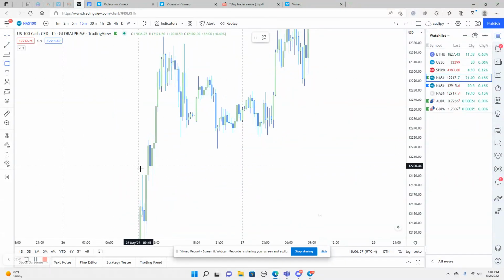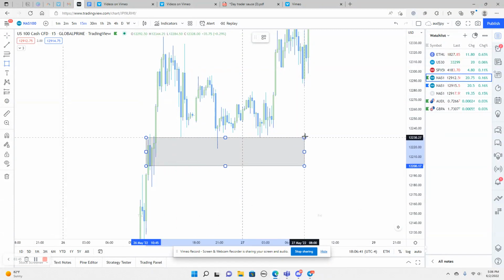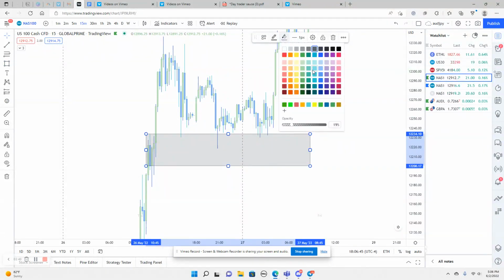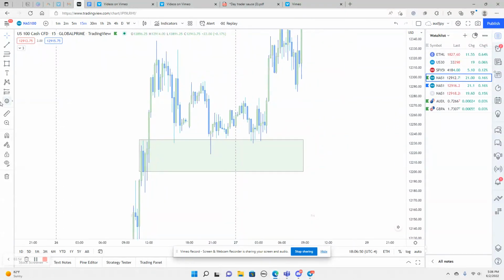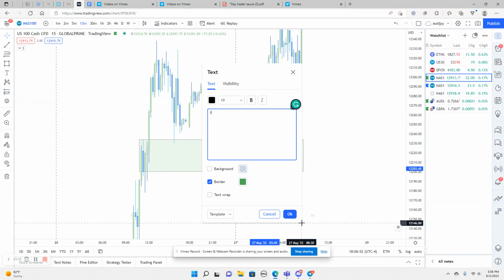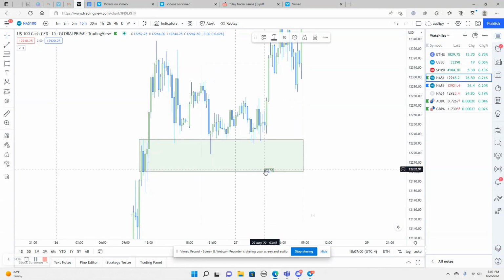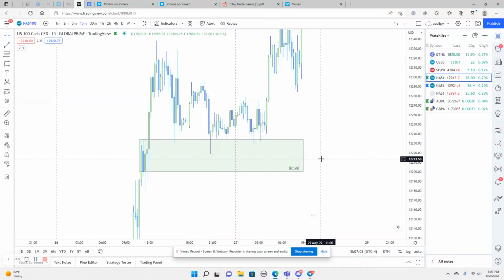Boom. So let's do bottom of the candle to the top of the wick. Let's change that color. Let's do this one. Okay, so I would just label it, you can just do 15 OB, or you can do lower time frame OB. You can mark it however you want, really.